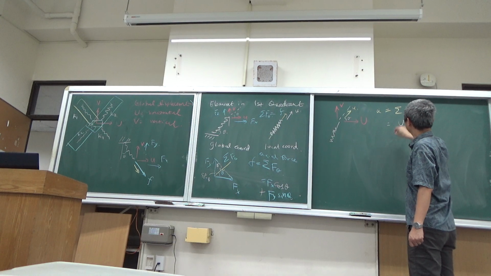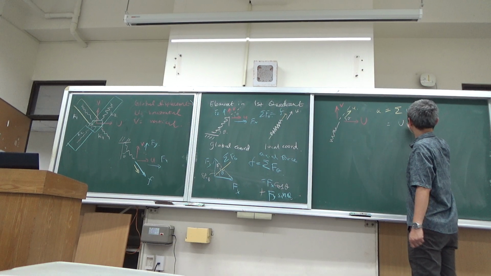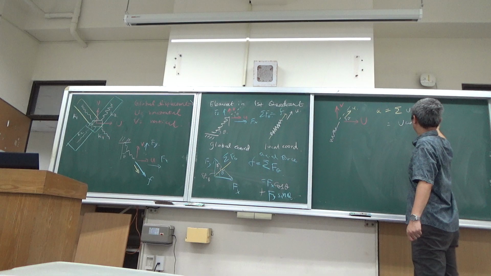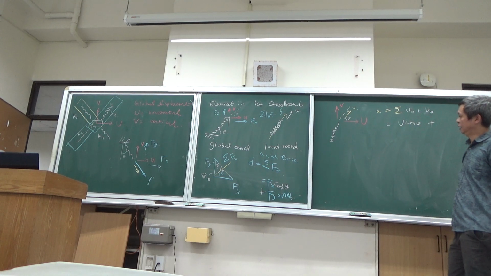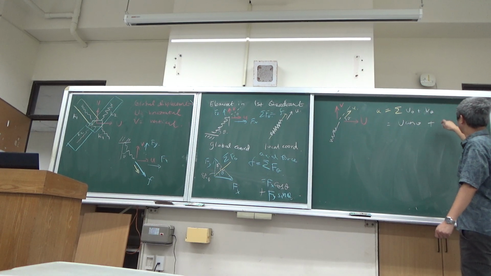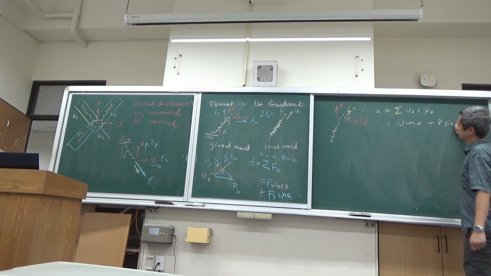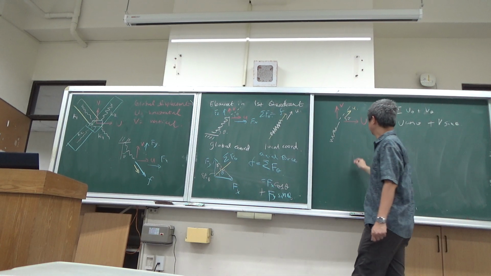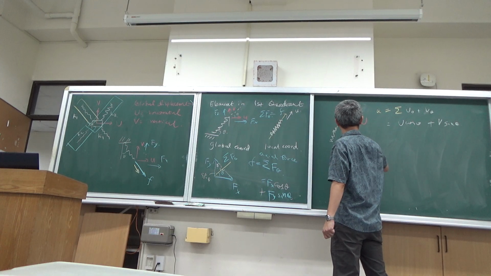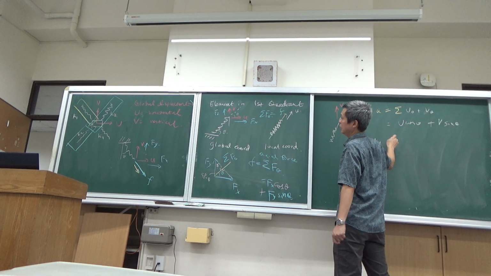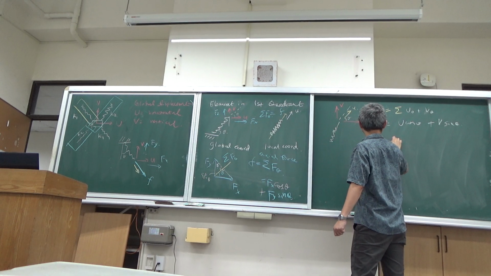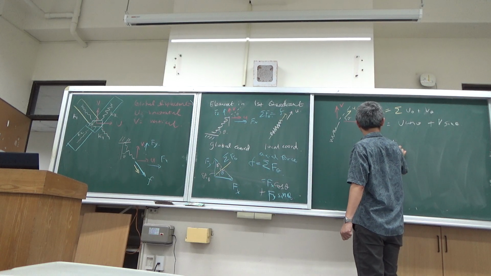This is big U cosine theta, and then you have the big V sine theta. Okay? And recall your equation here. You have the K is K2. Okay, now I have to write K here.